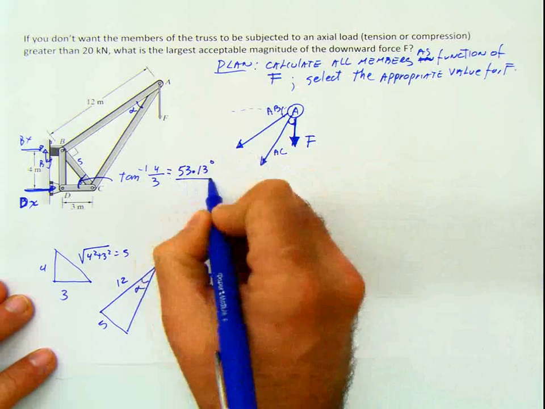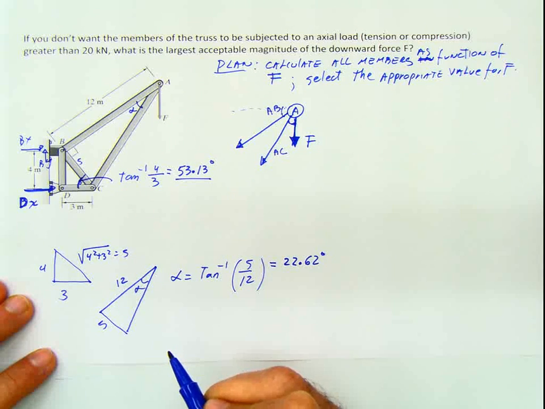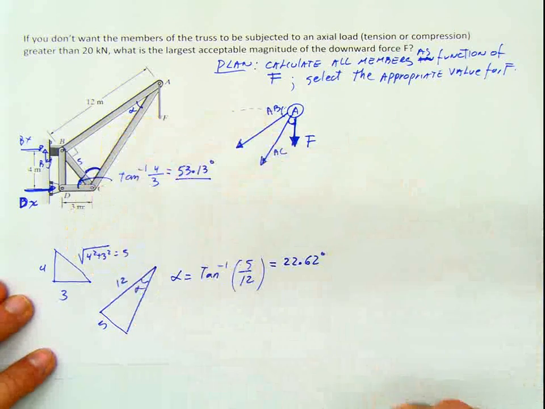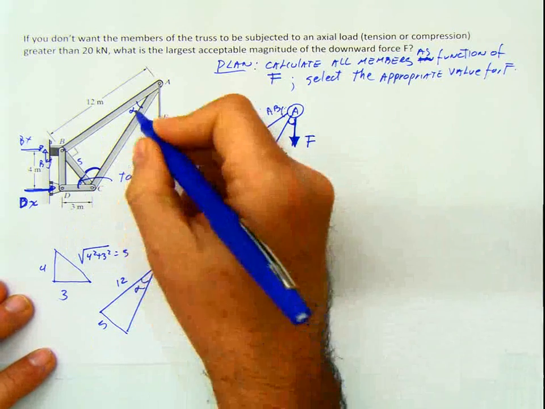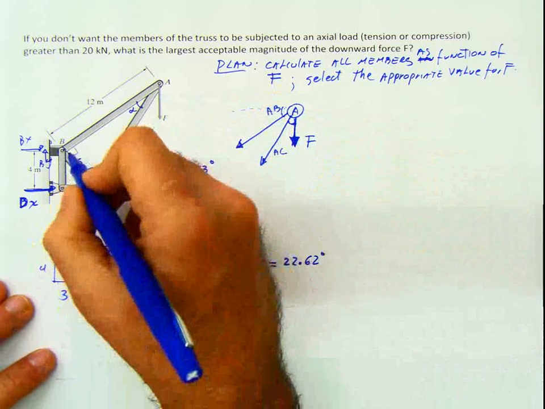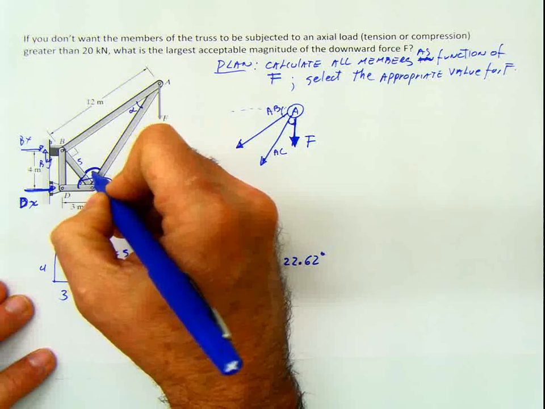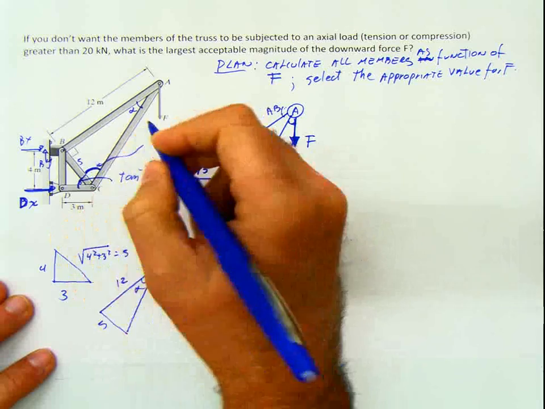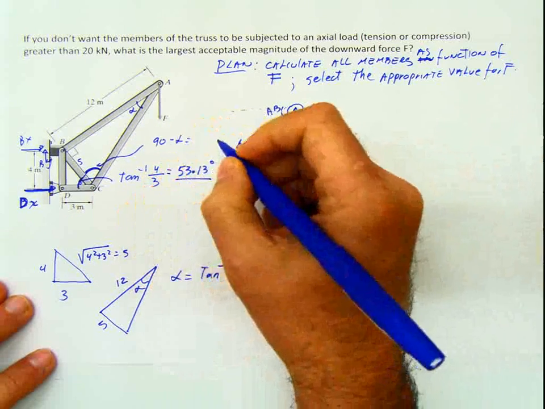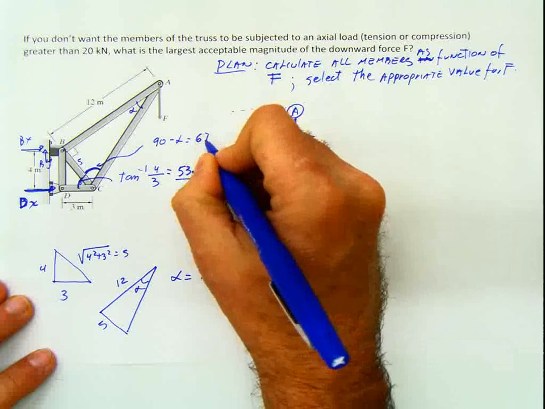Now I have that angle, 53.13. And this angle is also known because I know alpha, which is this, and this is 90 degrees. That means that this value here has to be 90 minus alpha, which is 67.38.